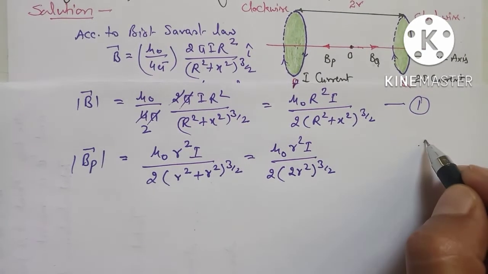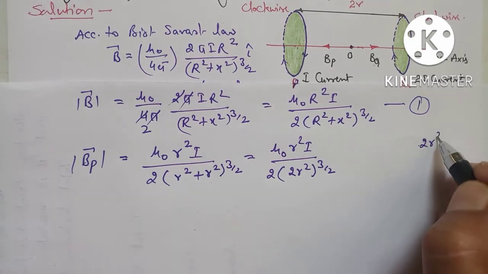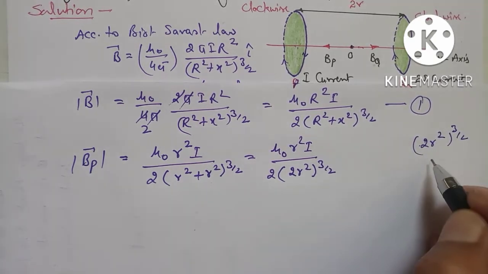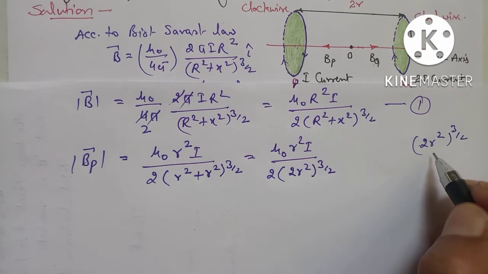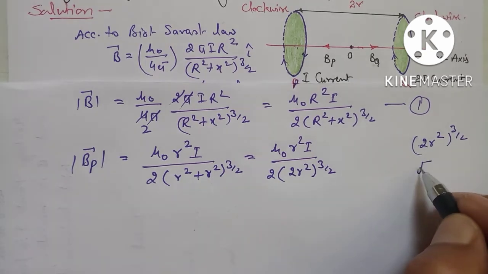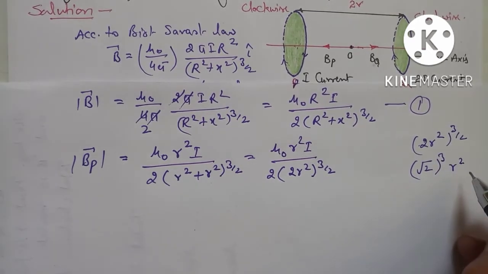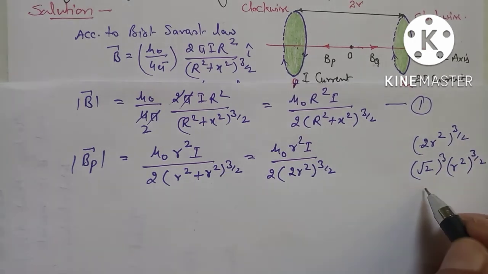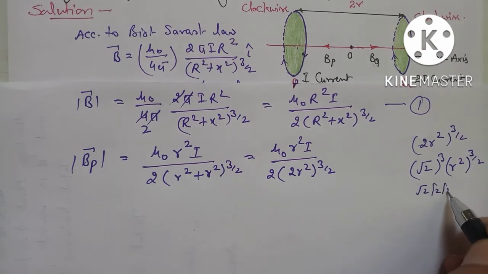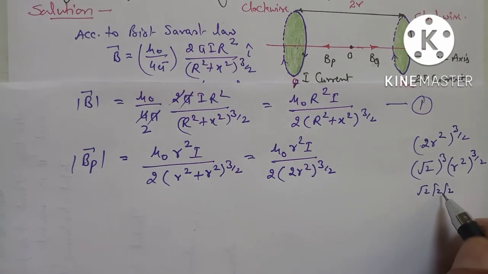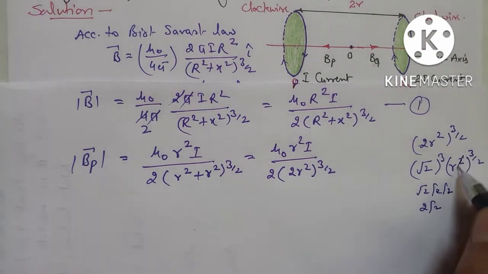When we solve, (2 r square) raised to power 3 by 2 can be written as square root of 2 cubed times r square raised to power 3 by 2. Here root 2 multiplied by root 2 becomes 2, so we get 2 root 2, and r square raised to 3 by 2 gives r cube.